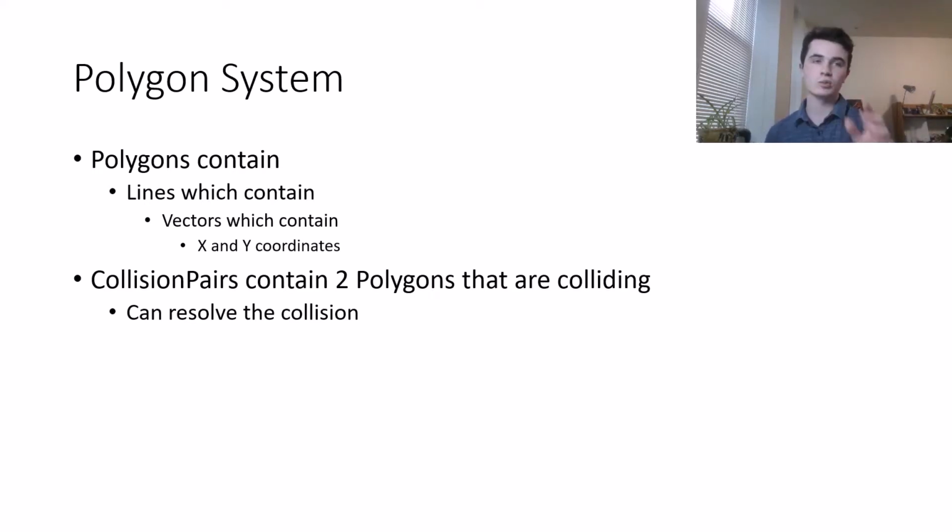The x coordinates were between 0 and 320, and the y coordinates were between 0 and 240 because that was the resolution of the screen that I was working with. Collision pairs contain two polygons that are colliding, and we know that if two polygons are in a collision pair, they are colliding, so collision pairs can resolve the collision between their two polygons.